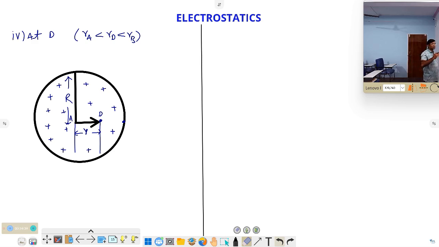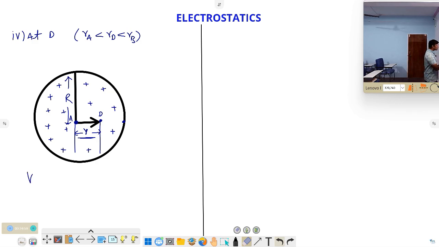That's why the potential will be different at different points. So to calculate at the D point, this is D, at a distance of r from the center of the sphere. I have taken one charged sphere, this is the center, and this point D is at a distance of r. Now we are calculating the potential at the D point.